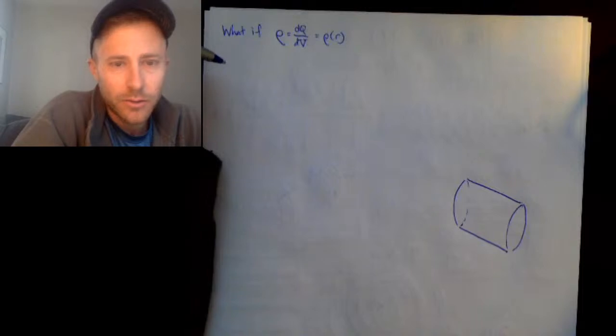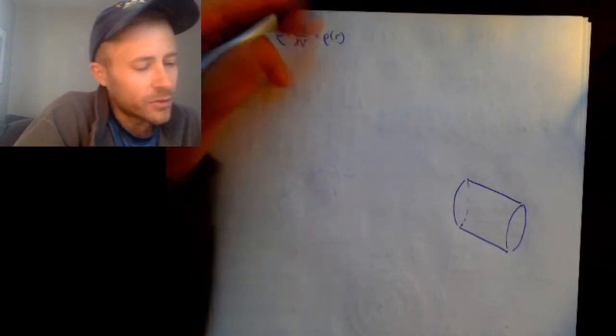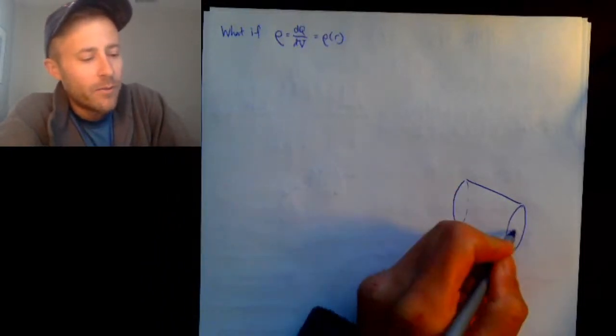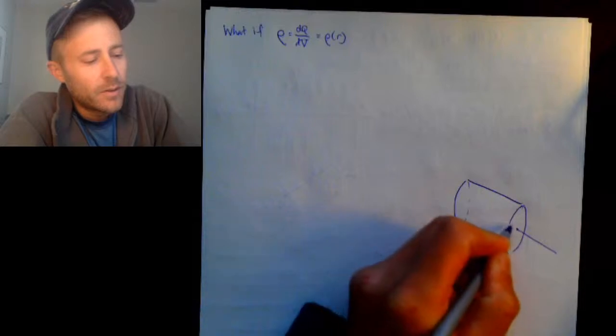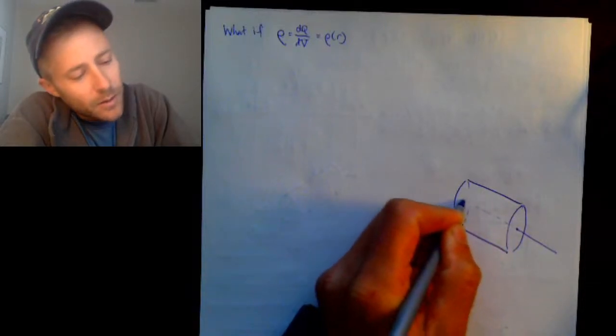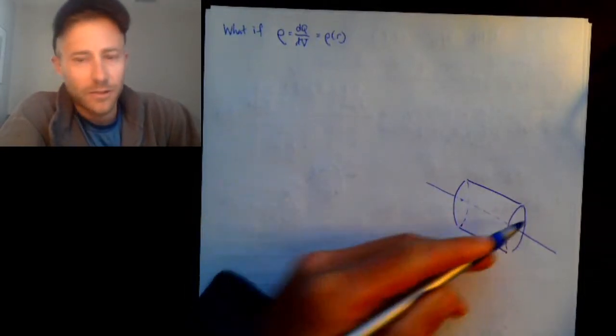So what does r mean? R is the distance away from the axis of the cylinder.